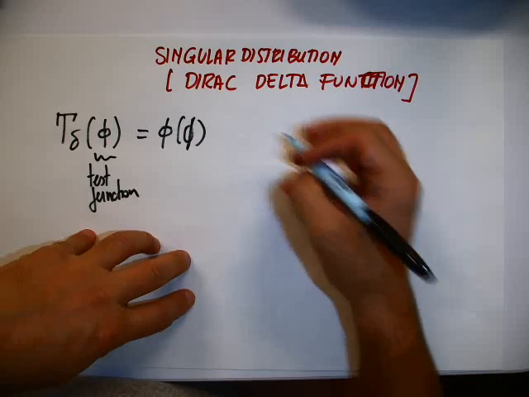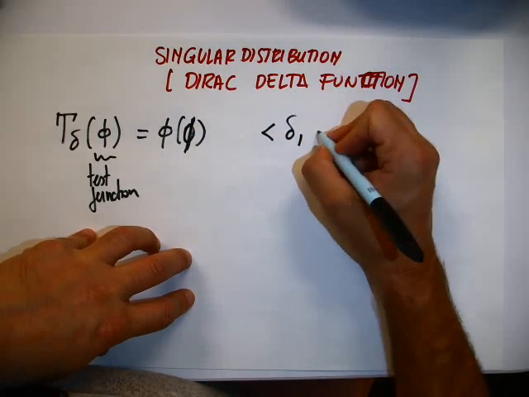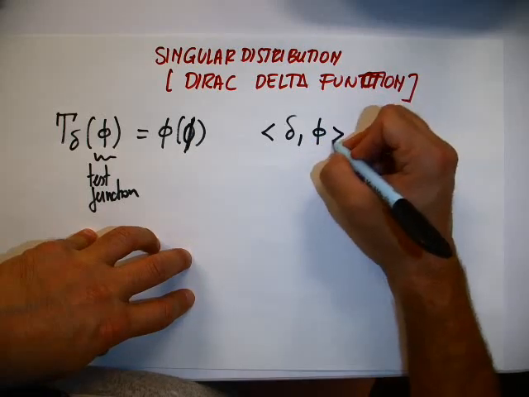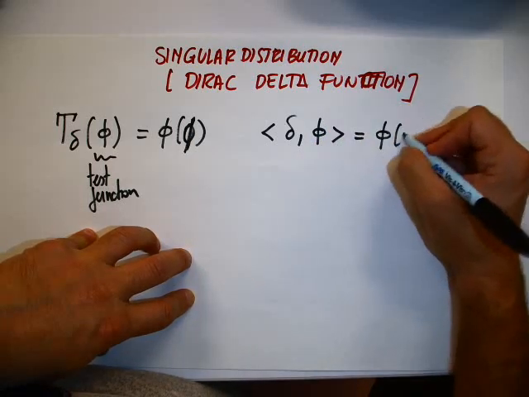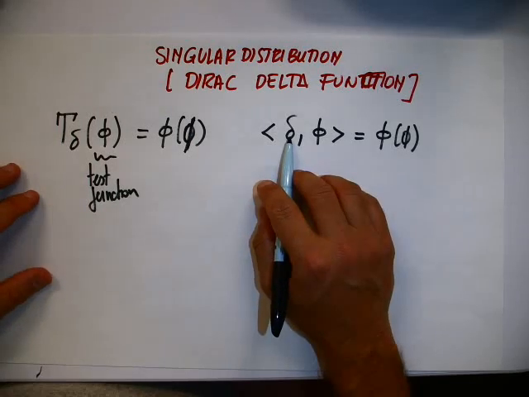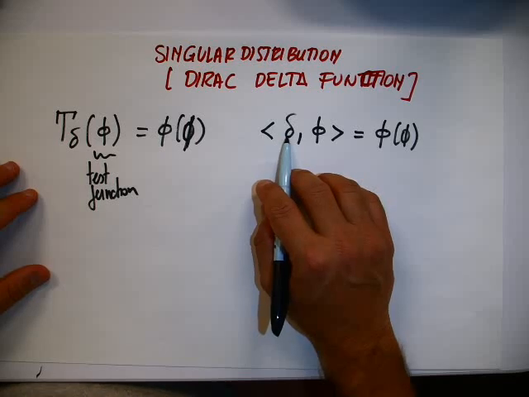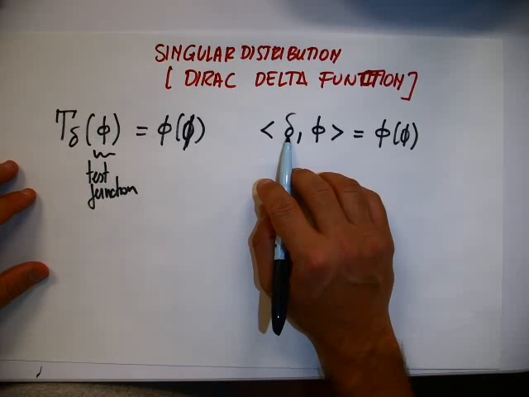Or we can even use the notation using the scalar product, delta comma phi equal phi at 0. We need to be careful because now what we have here is just a symbol, it is not anymore a regular function, okay? But we can still keep the notation in this way.